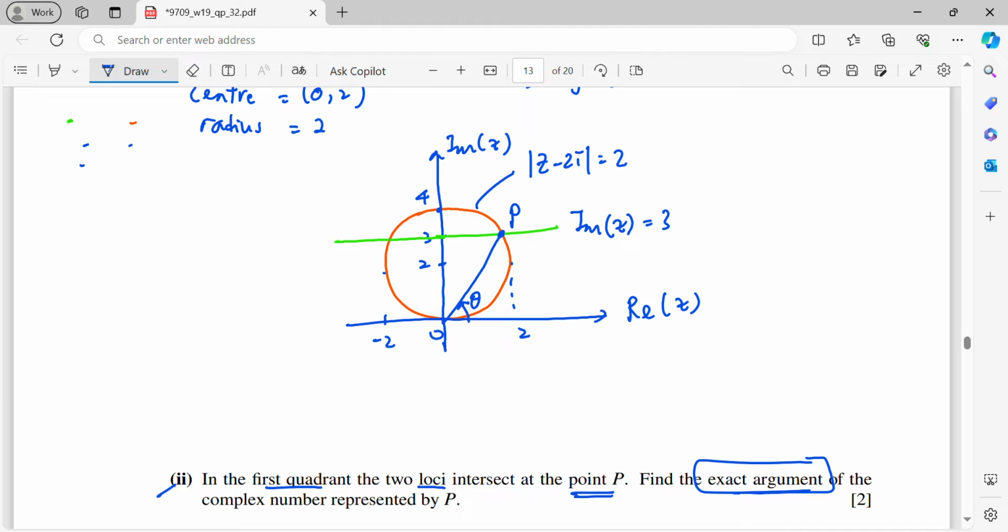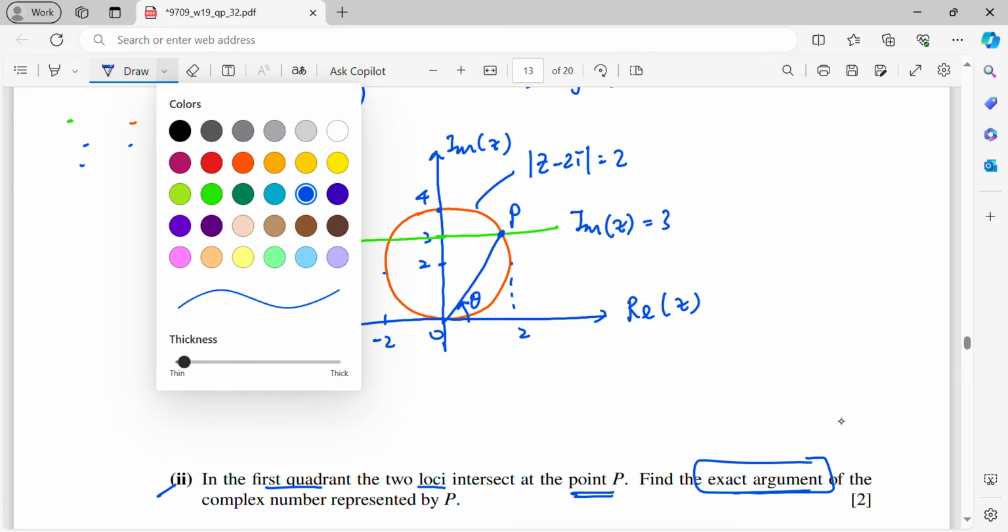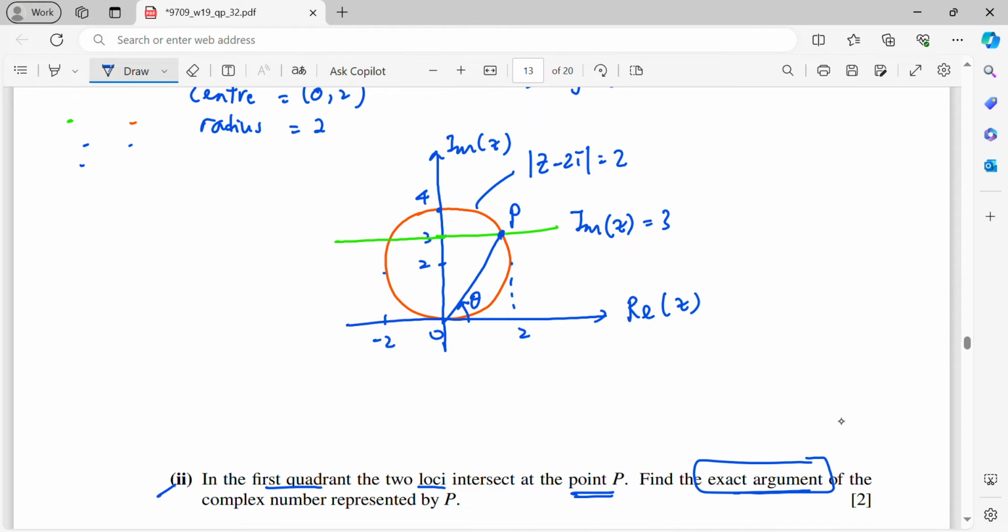Okay, so how do we get this? Basically, I need to find out what my length is here. Okay, I know that this is 2.